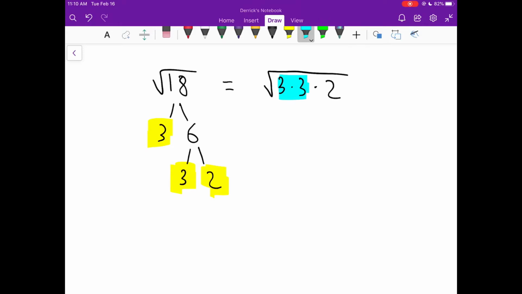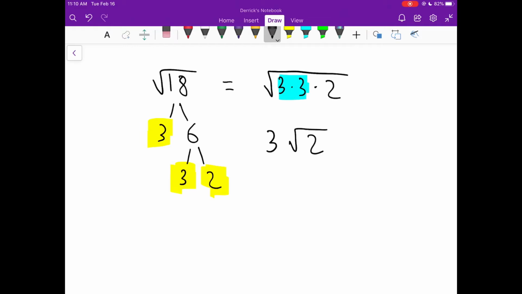We just established that the way that we square root things is we're looking for pairs, essentially. So if I see a pair of 3's there, then I could pull that out as just one 3 outside the radical with a square root of 2 left over.